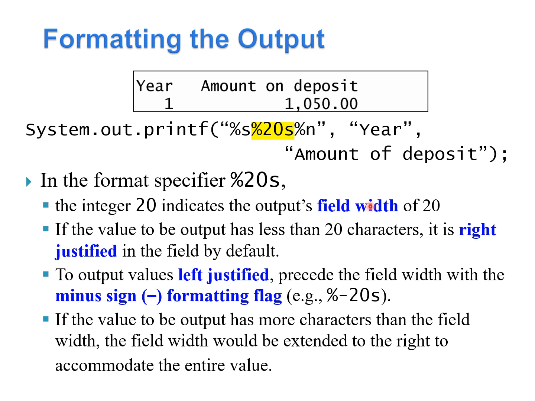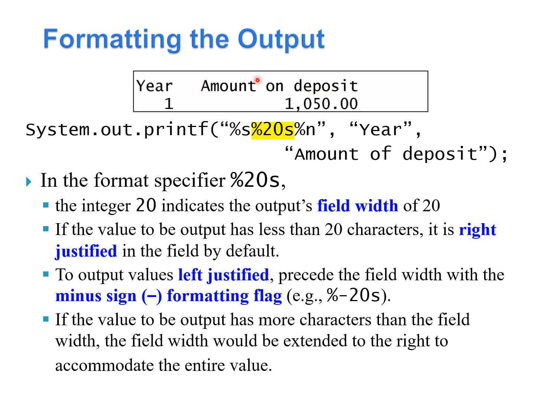That is, the printf method displays the value with at least 20 character positions. If the value to be output has less than 20 characters, it is right justified in the field by default. Here, the string amount on deposit has 17 characters, so there are 3 characters between the string year and the string amount on deposit in the header of this output.